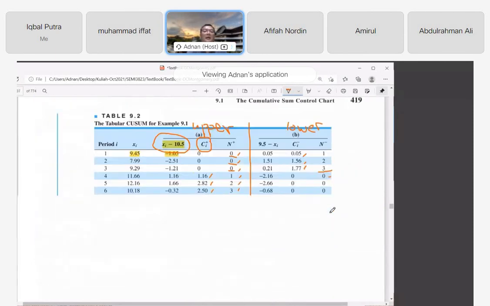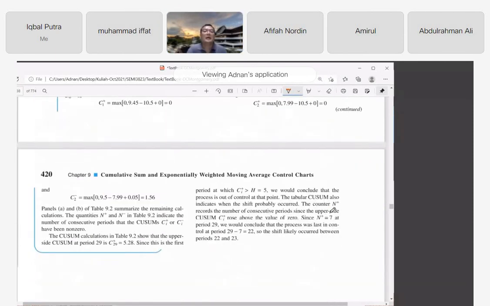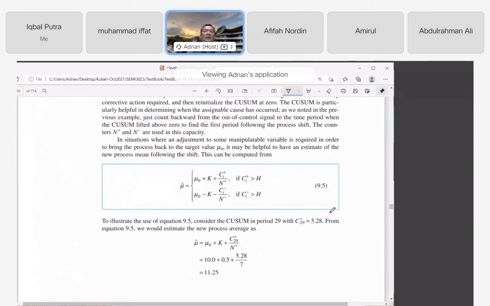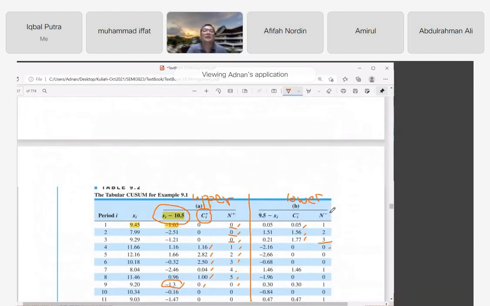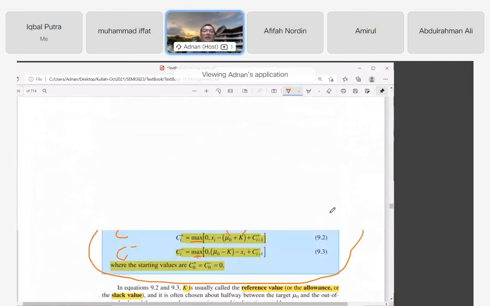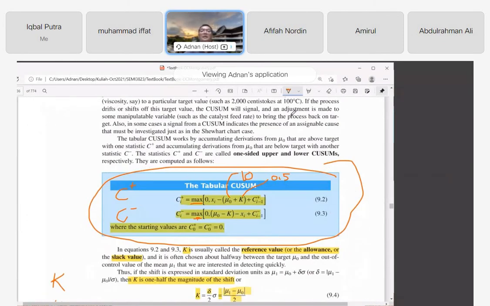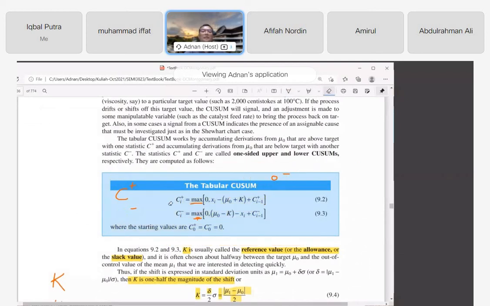Right? As a result of this formula, the Q sum, this value is resetting to 0 or the actual value.